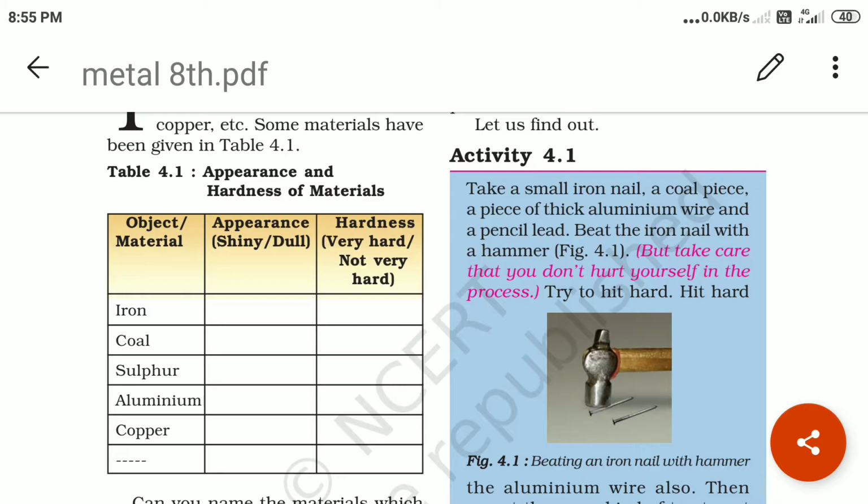Some are shiny, few are dull. Means hardness, very hard, all these things are here. You can classify them as in Table 4.1.